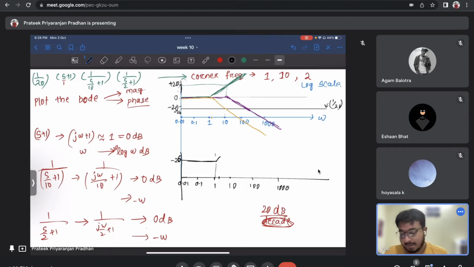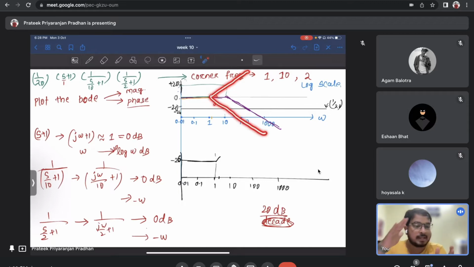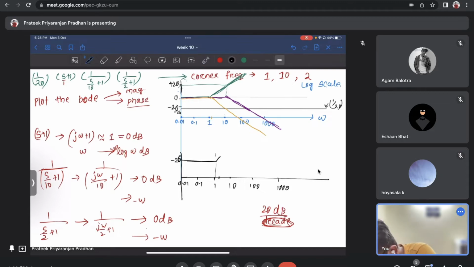Then from 2 to 10, this was increasing with 20 dB and this was decreasing with 20 dB. So they cancel each other out and this will be kind of a straight line till 10.